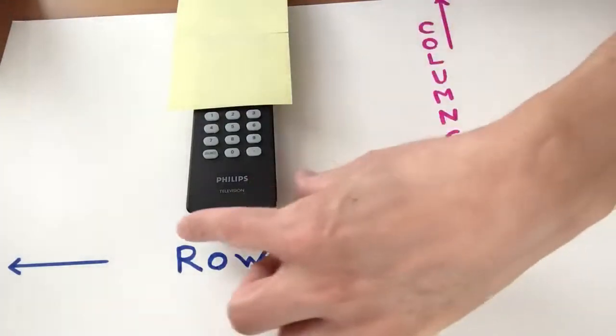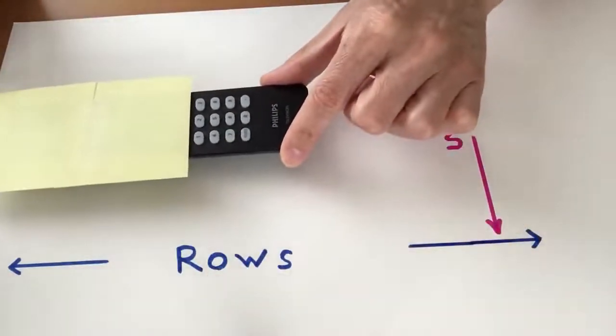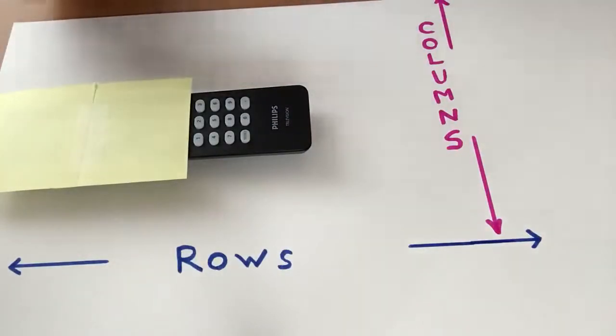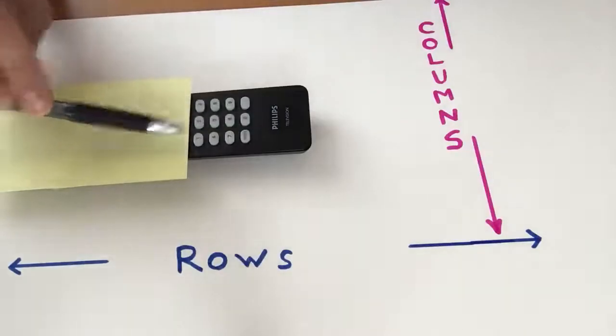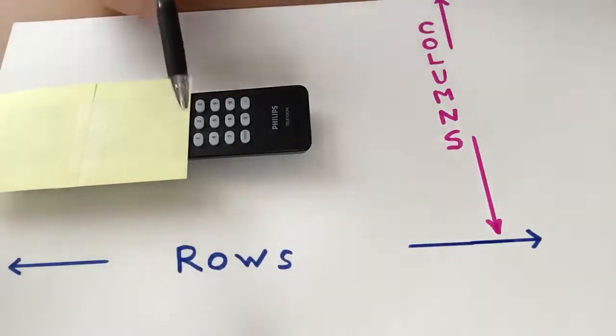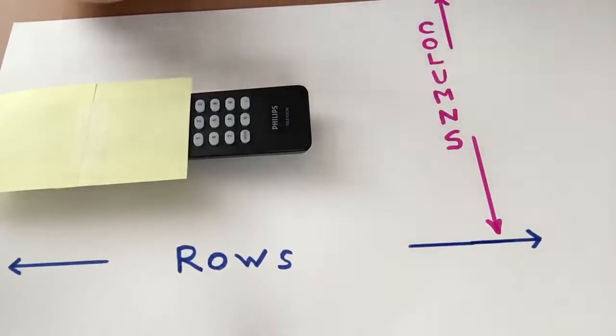Now, what happens if we turn it around? Is it still an array? Yes, only that this time we have a different number of rows and columns. This time we have 1, 2, and 3 rows, and we have 1, 2, 3, and 4 columns.